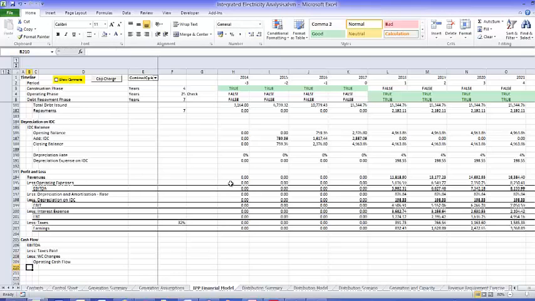Now once we have our operating cash flow, I can call this cash flow available for debt service.